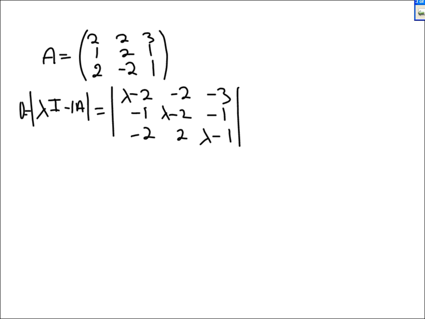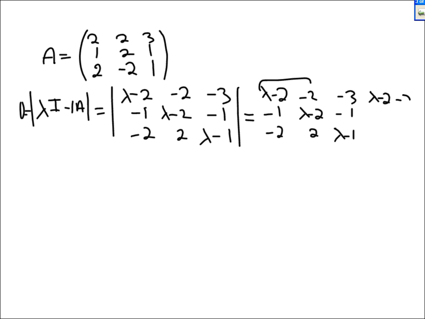Since this is a 3 by 3, we write down the determinant once again. We repeat the first two columns. Lambda minus 2 and negative 2, negative 1, and lambda minus 2, and negative 2, and positive 2.